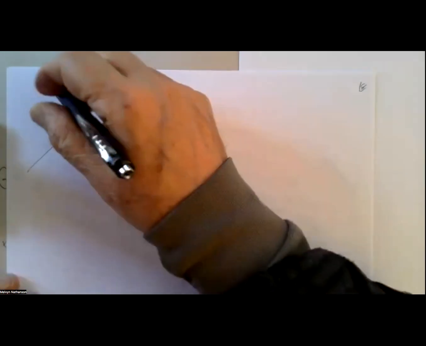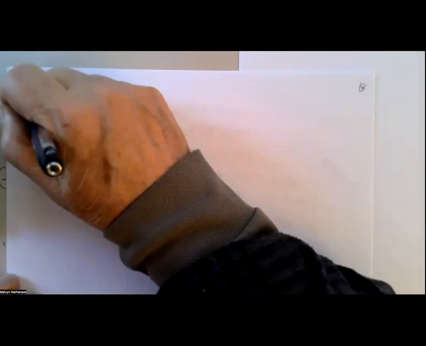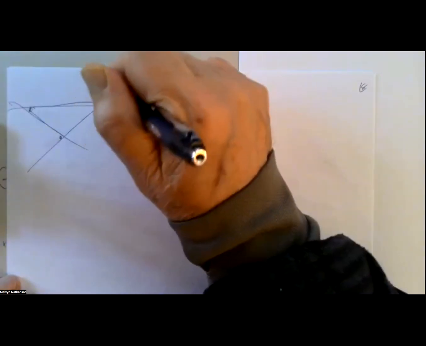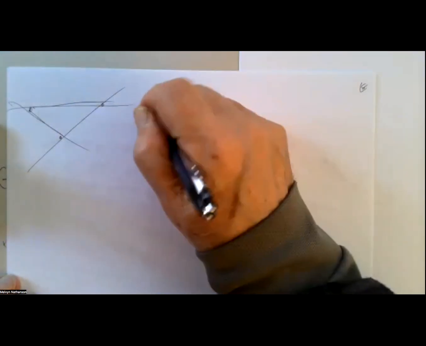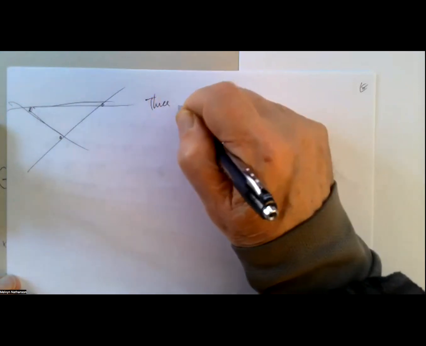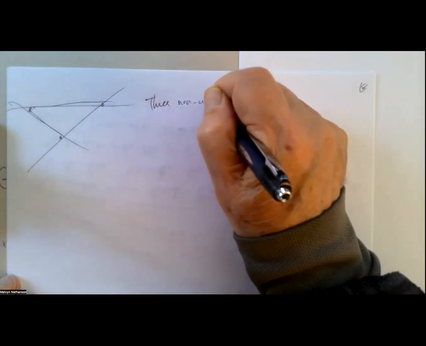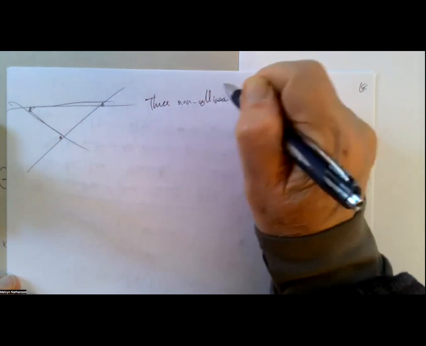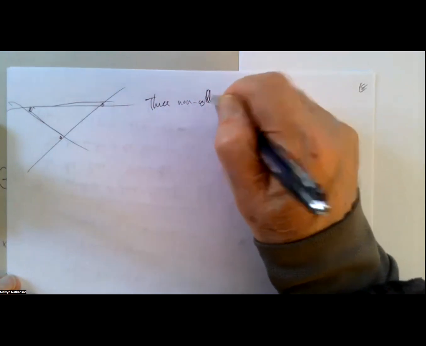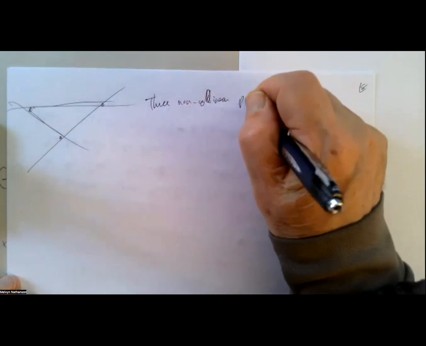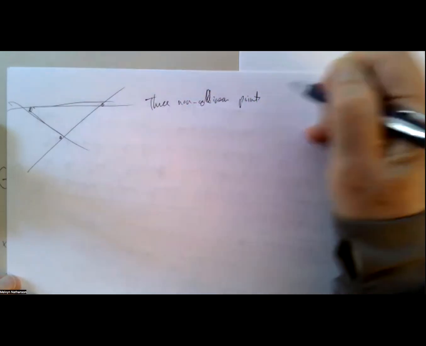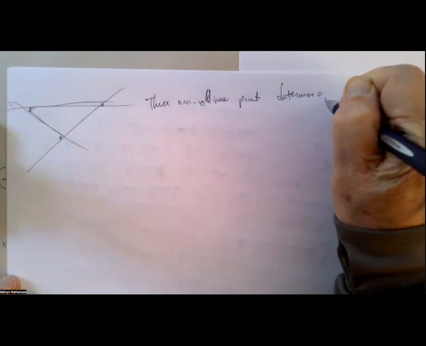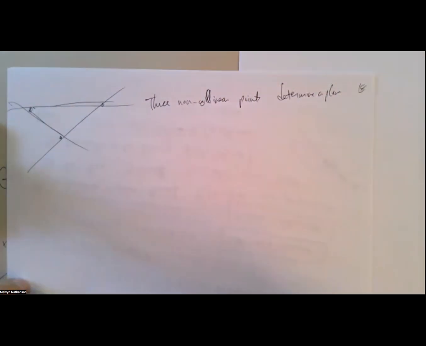If you take any 3 points in space, that should determine a plane. 3 non-collinear points, three points that do not lie on one line, determine a plane.